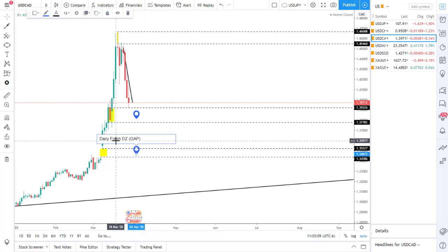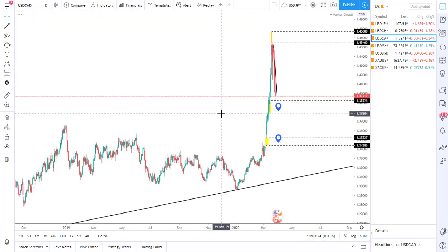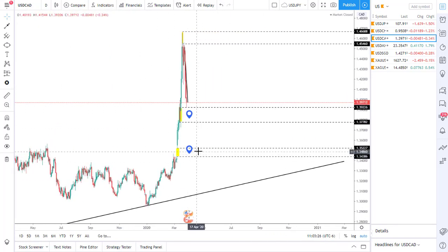Gap levels are the best ones to take entries, because they are the strongest level of supply or demand, and this is a fresh level of demand, and as well in the same direction of the trend line. All right, so as per the rules, you can take these levels, either this one or this one, but let's wait for confirmations first. I want to show you how gap levels work.